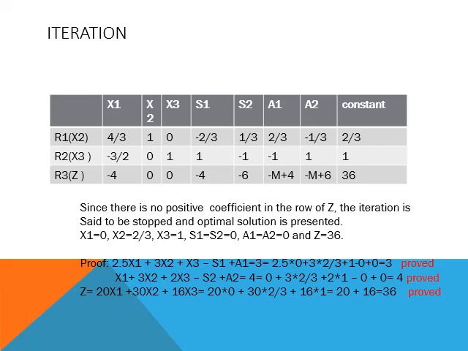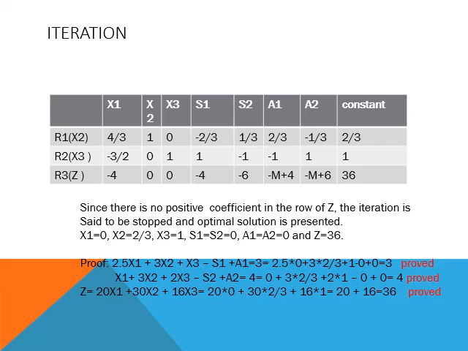Looking at the last constant column, the value of x2 equals 2 over 3, the value of x3 equals 1, and z equals 36. Okay, the iteration is said to be finished.